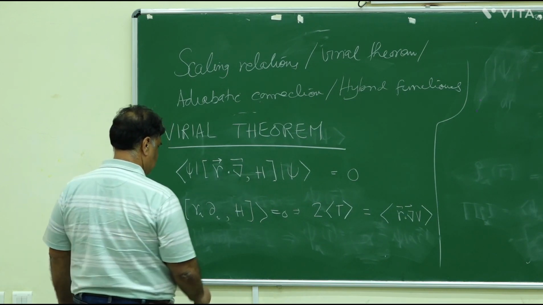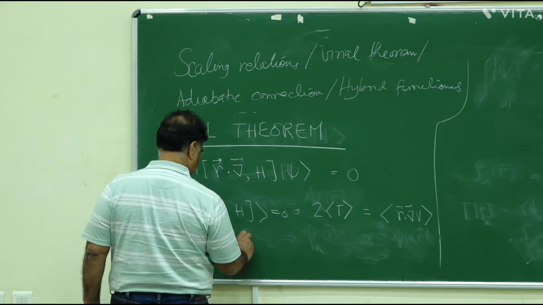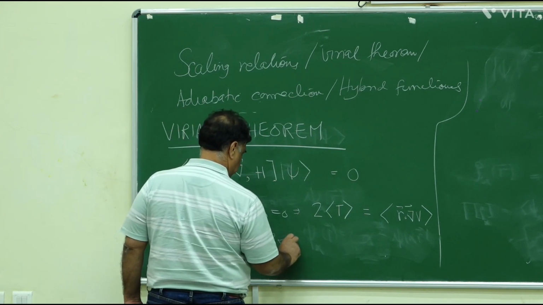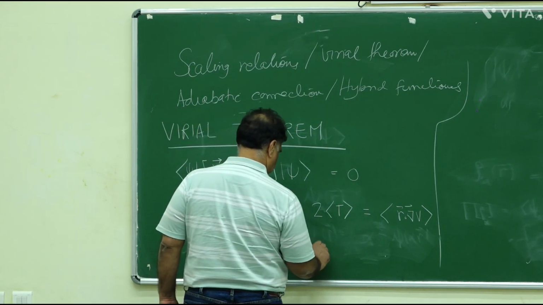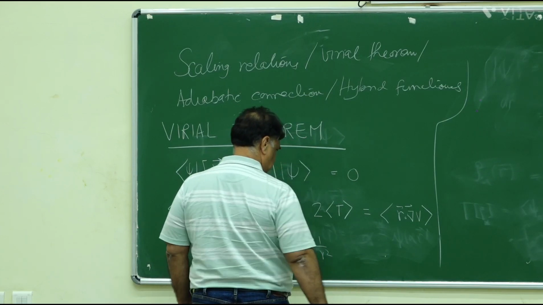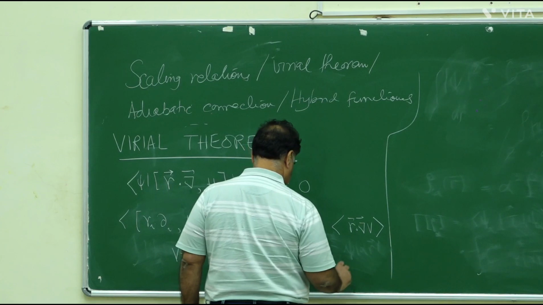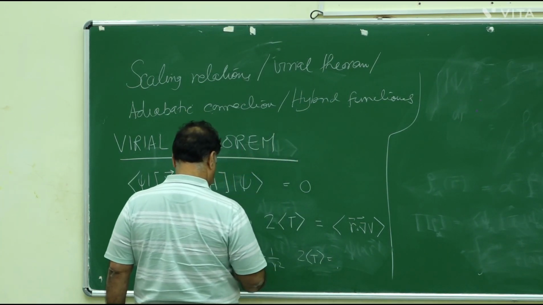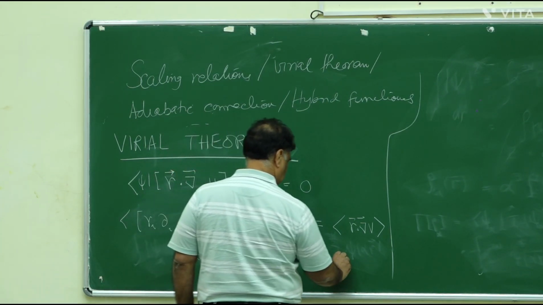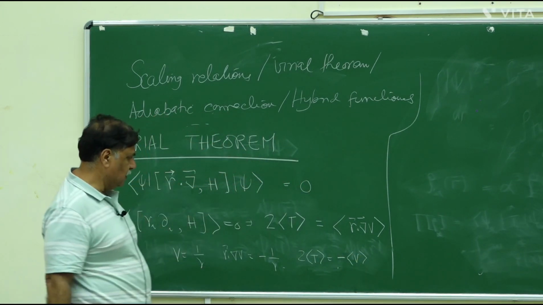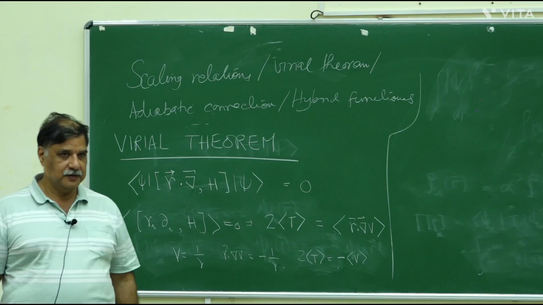So if I take V equals 1 over R, R dot del V comes out to be minus 1 over R square. So we get 2T is equal to minus V, and you get the right answer. So that's what it is. Okay?